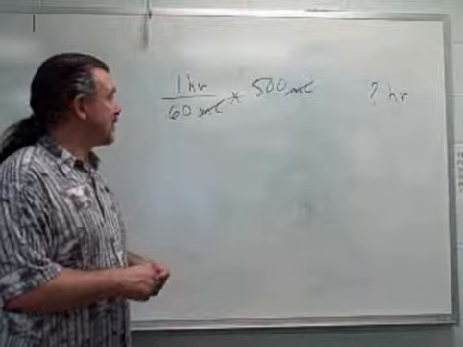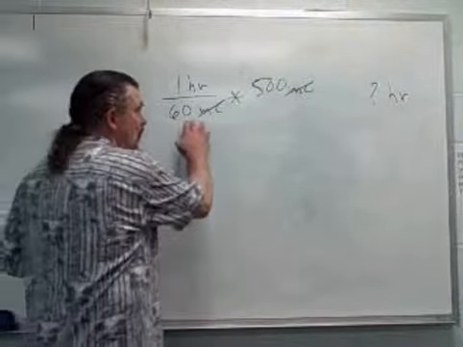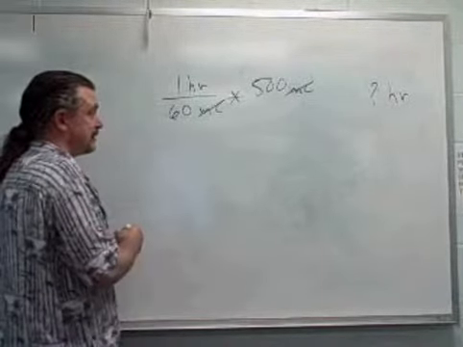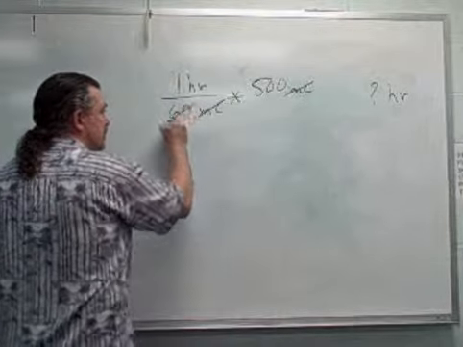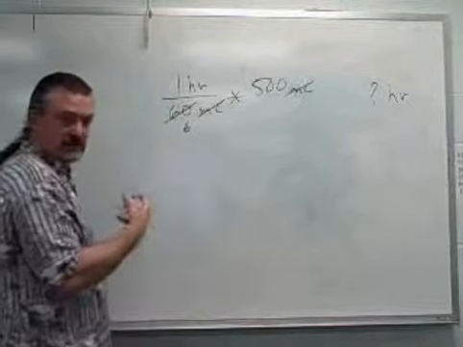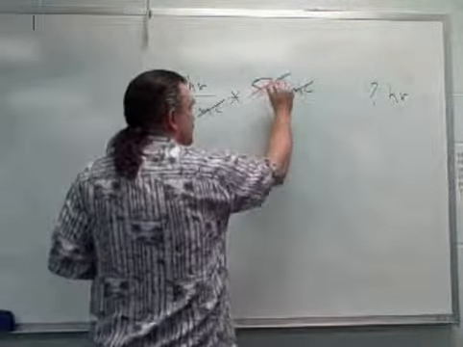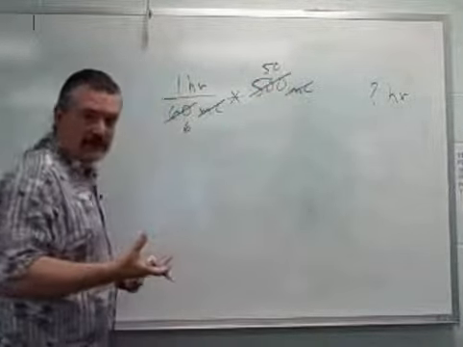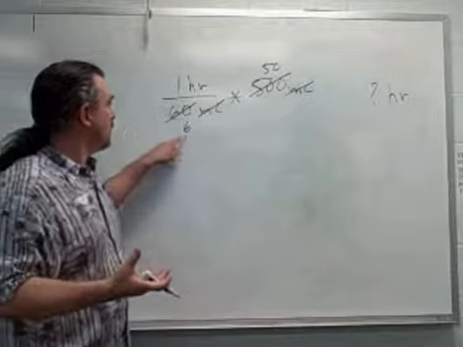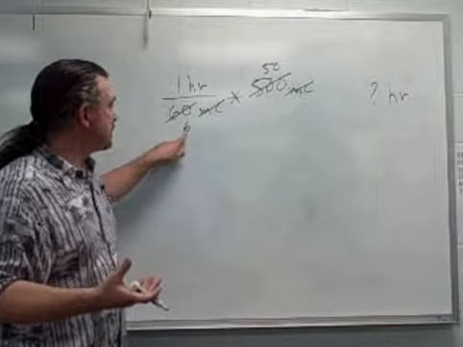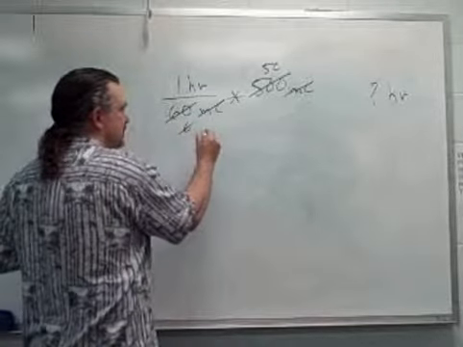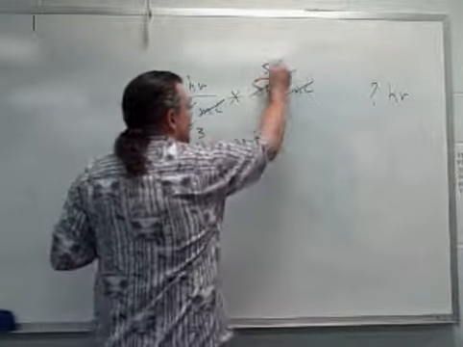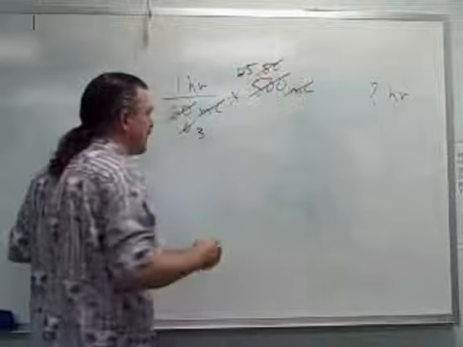Well, let's see how many hours that would be then. What can we do as far as reducing here? Well, at least we can see that 10 will divide into both of those. 10 goes into 60 6 times. 10 goes into 500 50 times. Hopefully we would also recognize that 6 and 50 are both divisible by 2. 6 divided by 2 is 3. 50 divided by 2 is 25.